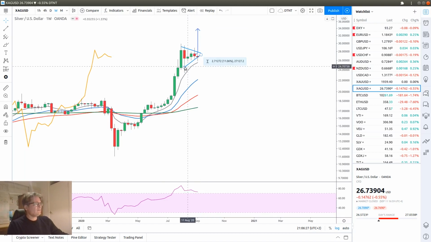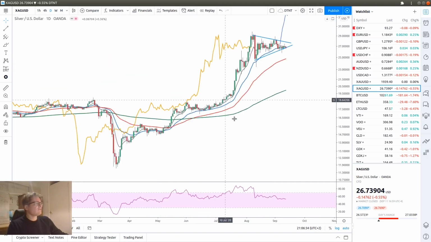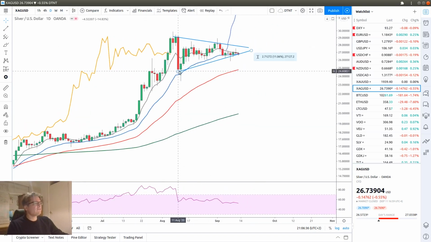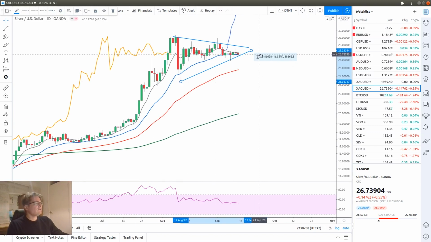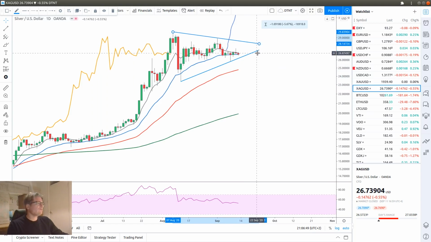So I'm really expecting a strong breakout within, well, maybe next week or maybe the week after. Maybe we need to adjust this triangle formation that I drew in a little bit. Let's take a better look at it. So let's see if we draw it in from the low points exactly. Maybe we get a little bit more room for price to move around.